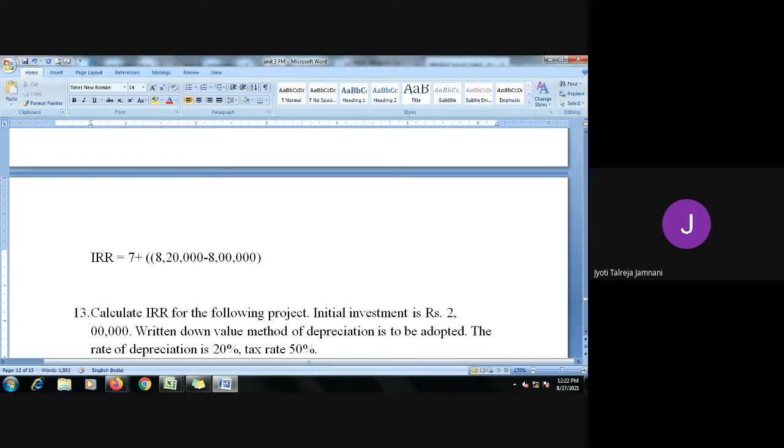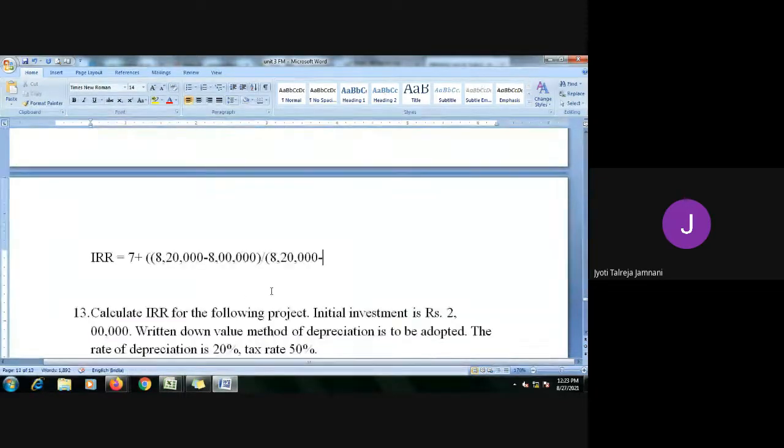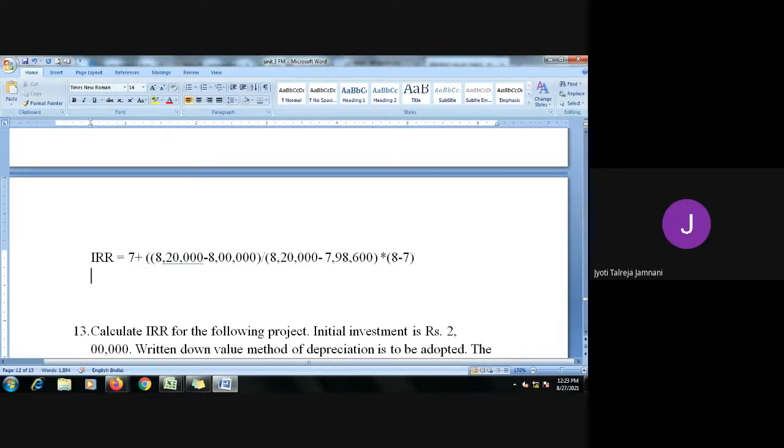Then this has to be divided by present value at lower rate, 8,20,000, minus present value at higher rate, that is 7,98,600, into the difference of rates. That is again 8 minus 7. The difference is only 1. So when we solve for it, we get an IRR of 7.93%. So this was for project A.